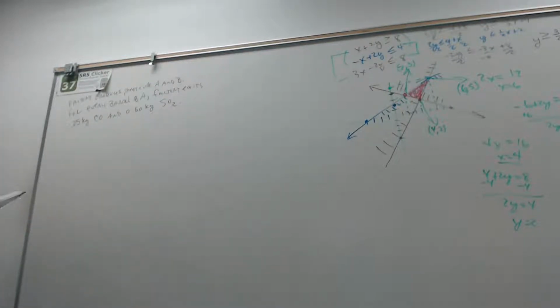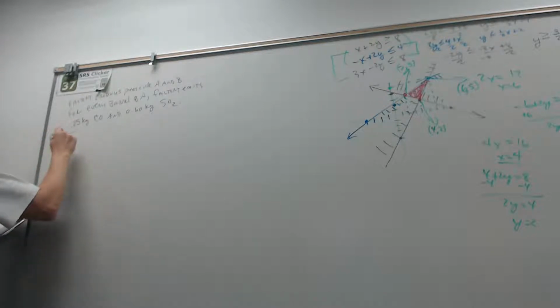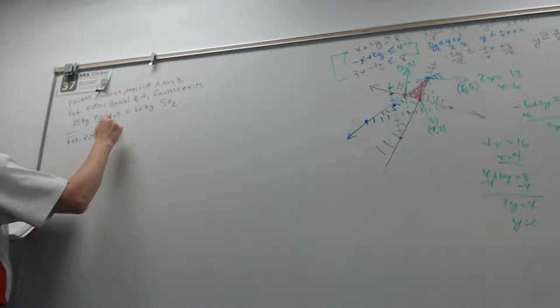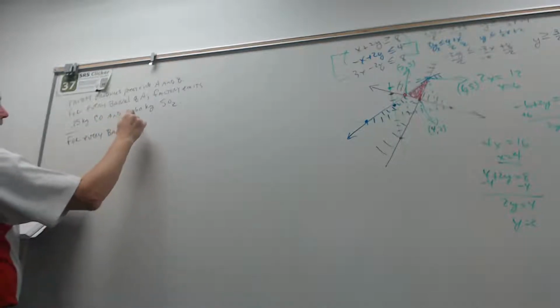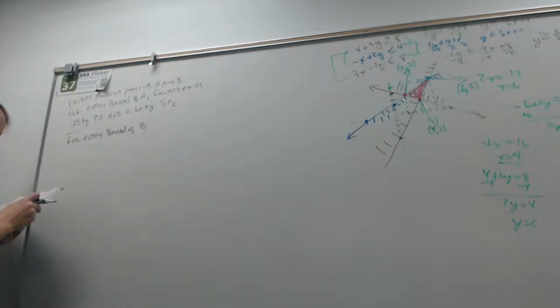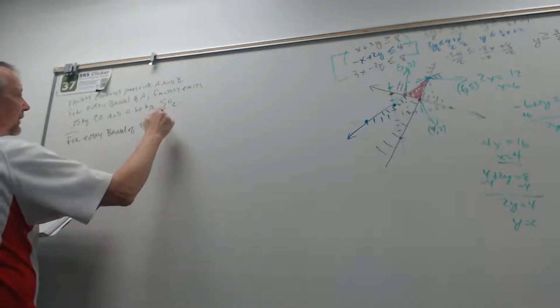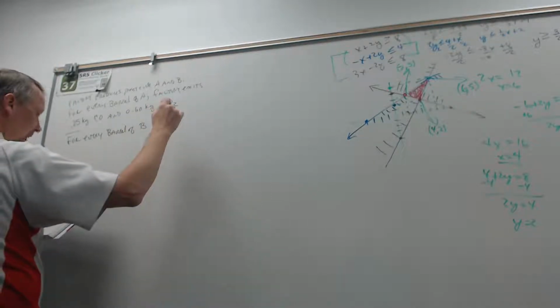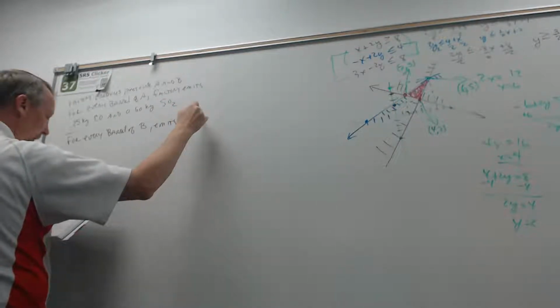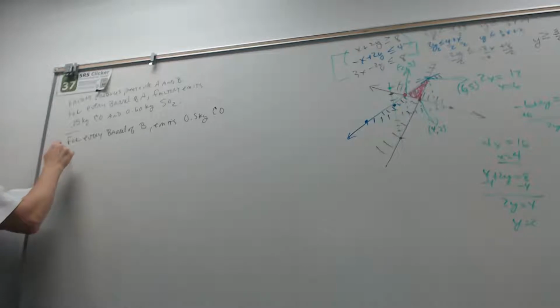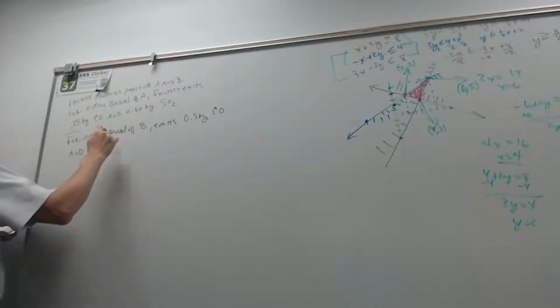Okay, for every barrel of B, it emits 0.5 kilogram of carbon dioxide and 0.2 kilograms of SO2.